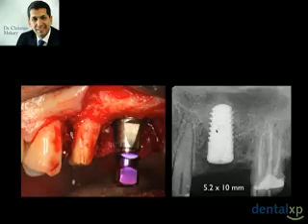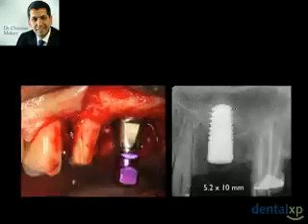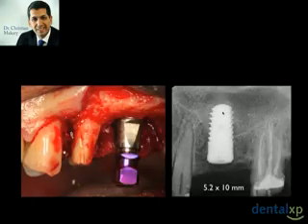So you see the residual height of the sinus, and you see the new grafted bone with the implant that is very well stabilized, and more than half of this implant is in the sinus inside that grafting bone. So in this case, we gained, I would say, 4 millimeters of bone. This is the initial position of the sinus, and this is the new position of the sinus.